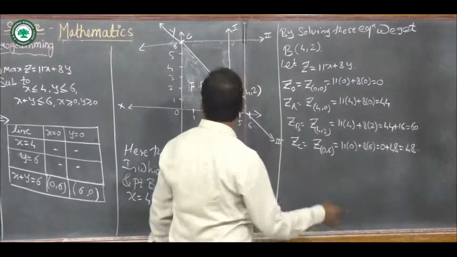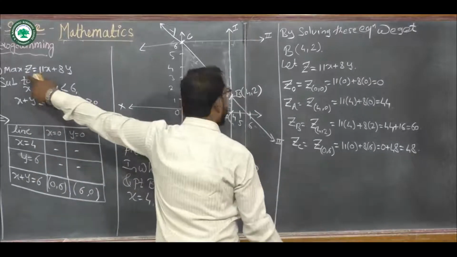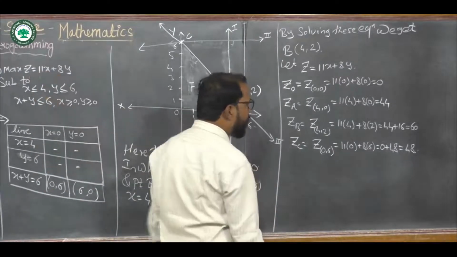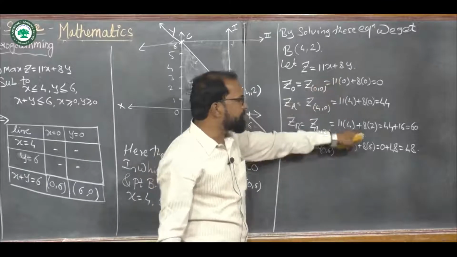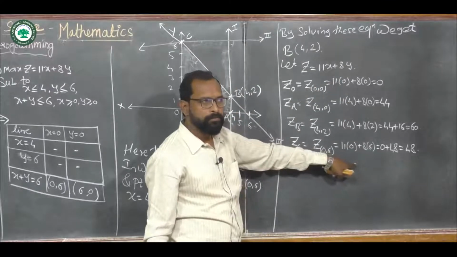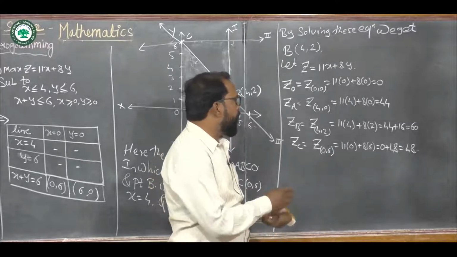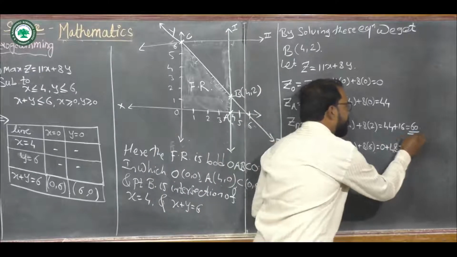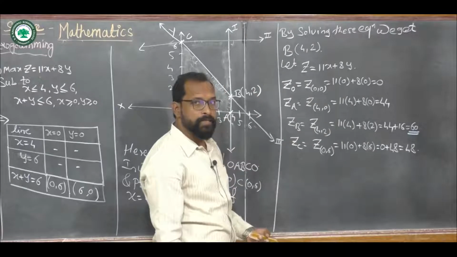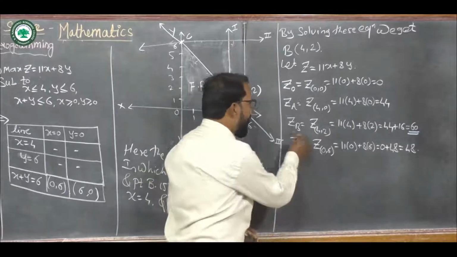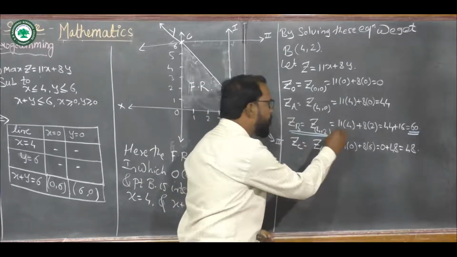Now the objective function is of the type maximize, so we have to find the maximum value from these. If we observe here, the maximum value of z is 60, which is at the point B, 4, 2.